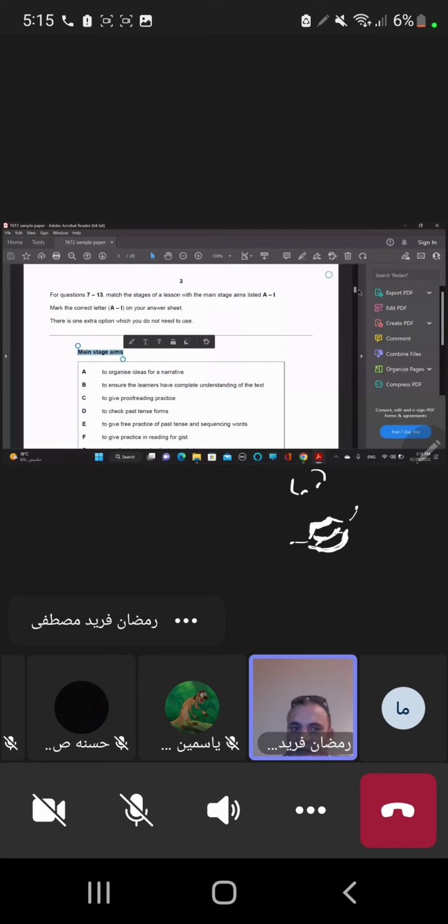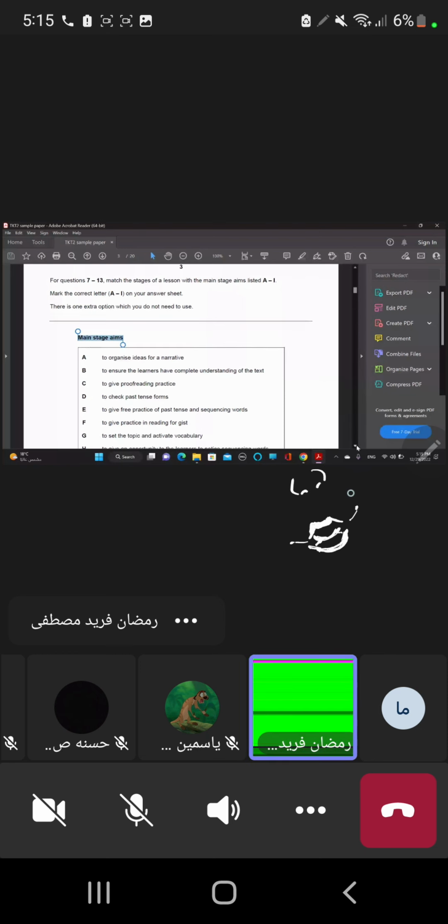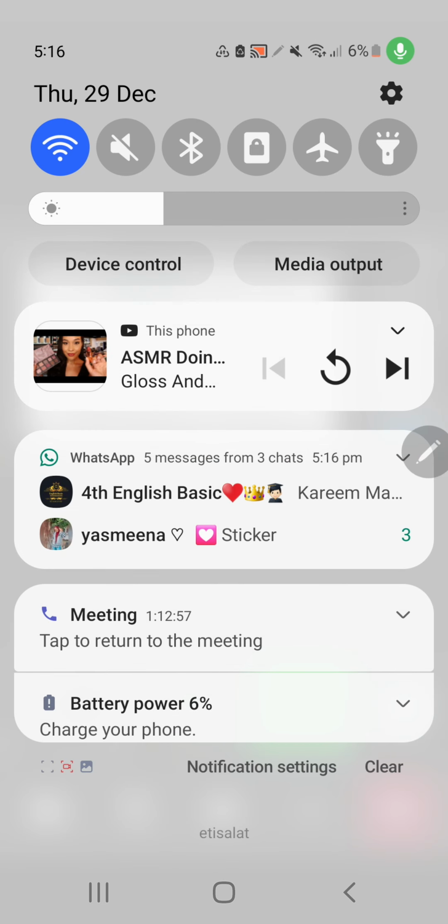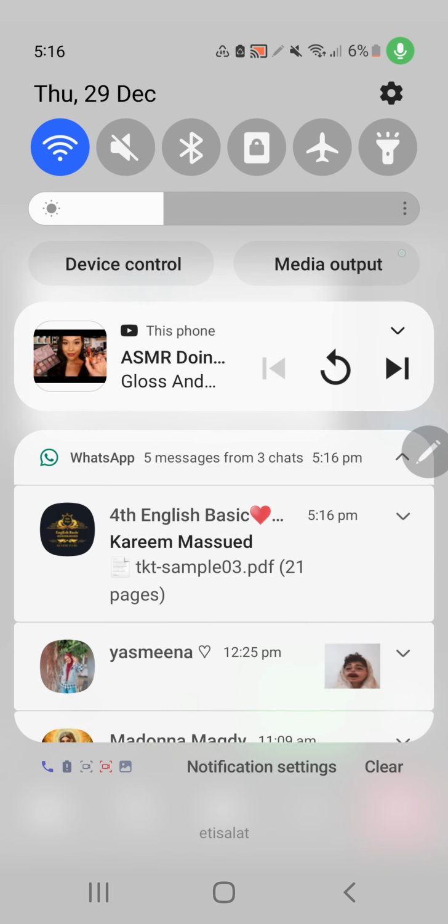You will match the aim with the correct or the right stage. This is the aim of the stage. Okay, is that clear? Do you now understand what is meant?